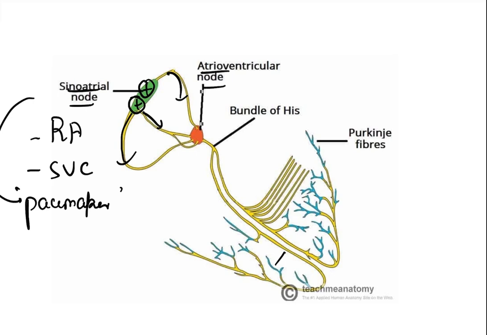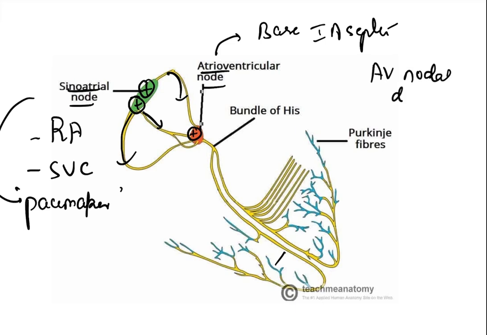The atrioventricular node is located in the base of the interatrial septum. Once the impulses reach the atrioventricular node, there's a slight delay in conduction of impulses. This is called the AV nodal delay, which I'll explain in other videos. Once the delay is over, the impulses are carried forward to the bundle of His.